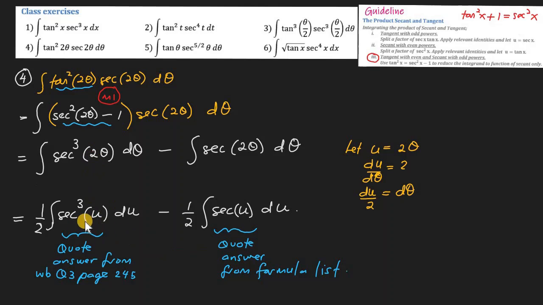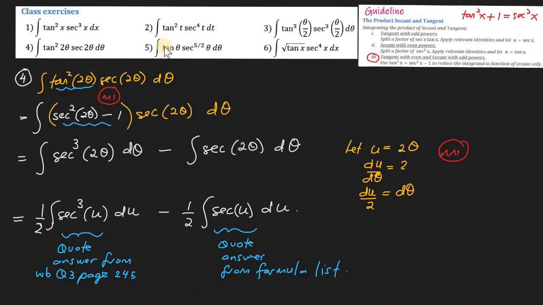As for this portion, we have substituted here, reading as a single angle u. This portion we have done earlier. Please look back into your workbook page 245, question number 3, and quote the answer. Right. Let me wait for you.